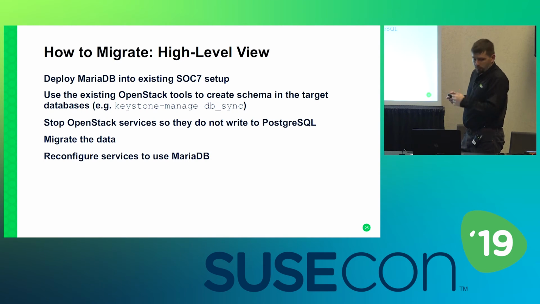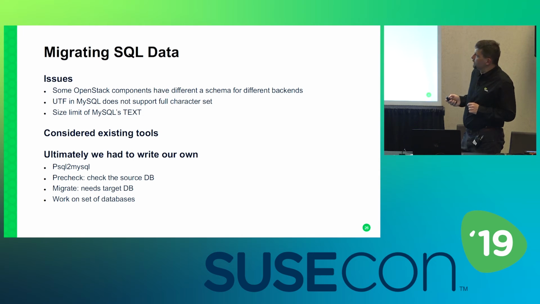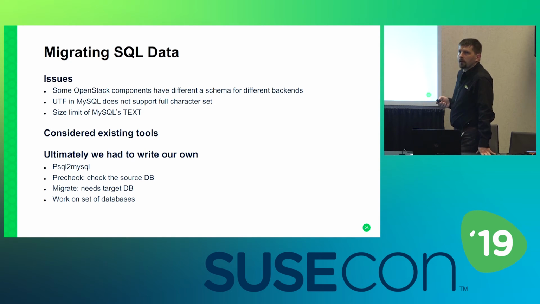So again, this might look simple, but the problem was that the migration of SQL data is not as simple as it might look. I mean, you might think that two database engines both using SQL should be easy to migrate, but that's not the case.